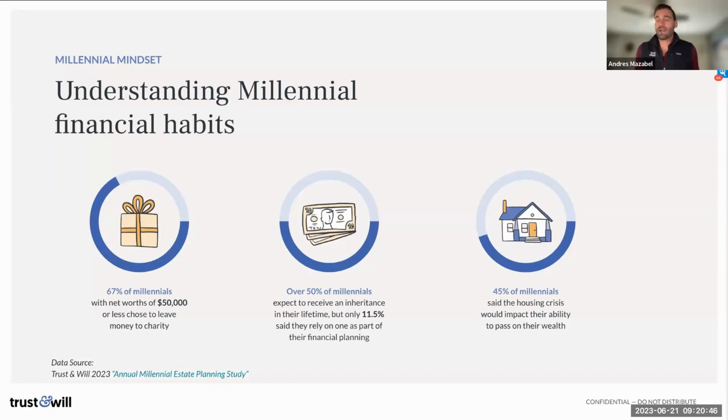And I think that's really powerful because these aren't $500,000 or $1 million net worths that we're talking about. This is $50,000. But I want you to think about what is the impact of you starting to ask your clients about their legacy. What does their legacy mean to them? What are charities or things that are very personal to them, and have them open up to you about that. It's really powerful.